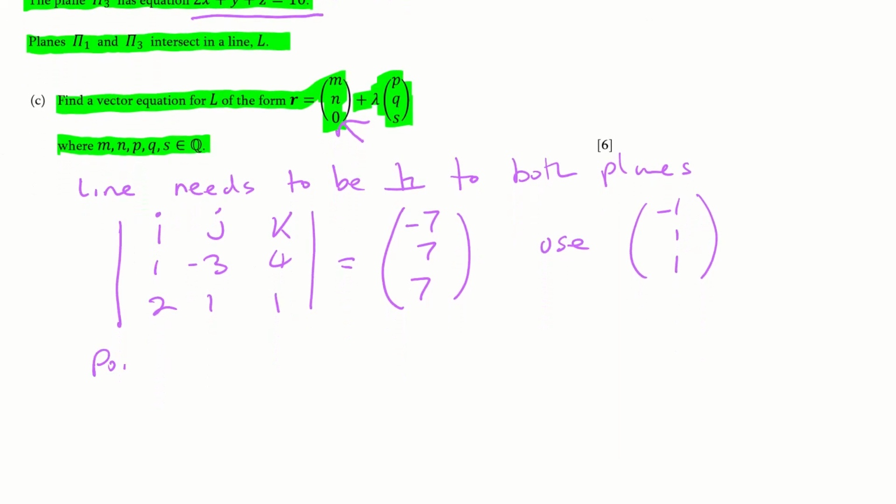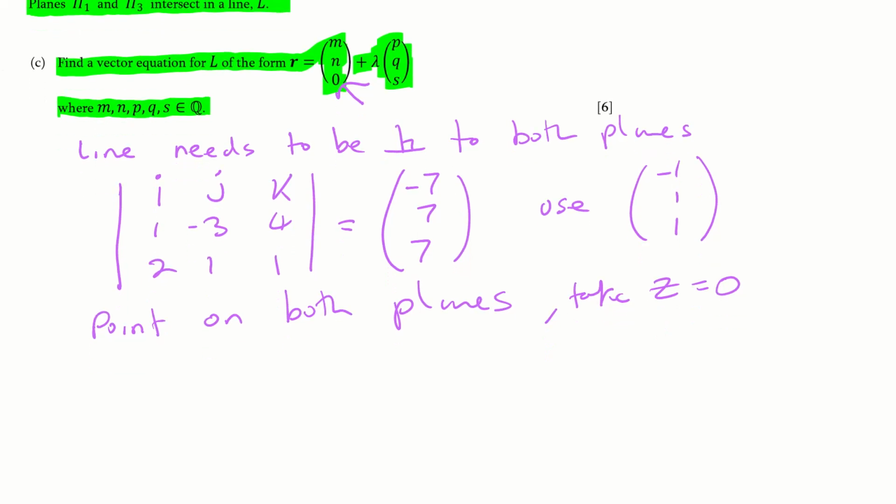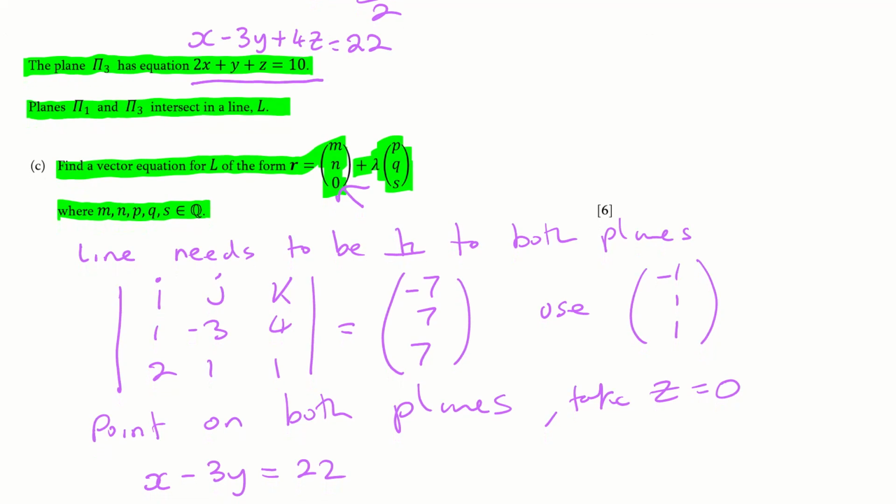We need a point on both planes, because that point must be on the line of intersection. And a way of doing this is just take one of the components to be 0. I'm going to take z is 0, and then we get x - 3y = 22. That's just having z = 0 in here.